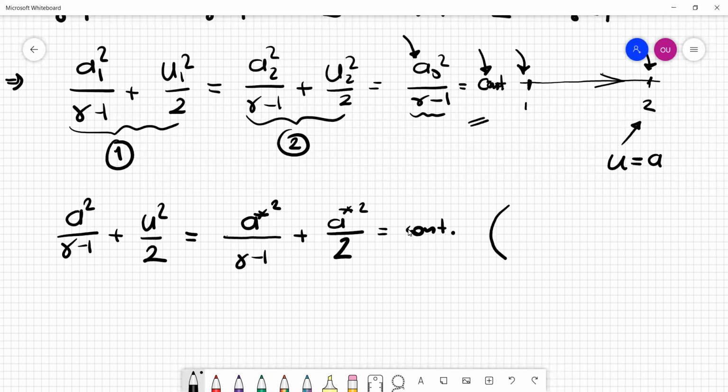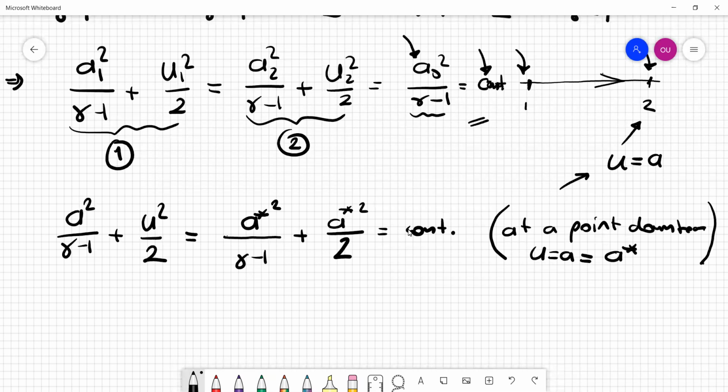for that special case. And that special case is at a point downstream in the flow where u is equal to a. At that condition, where the speed of the flow is actually the speed of sound, we will call this specific sonic velocity a star.